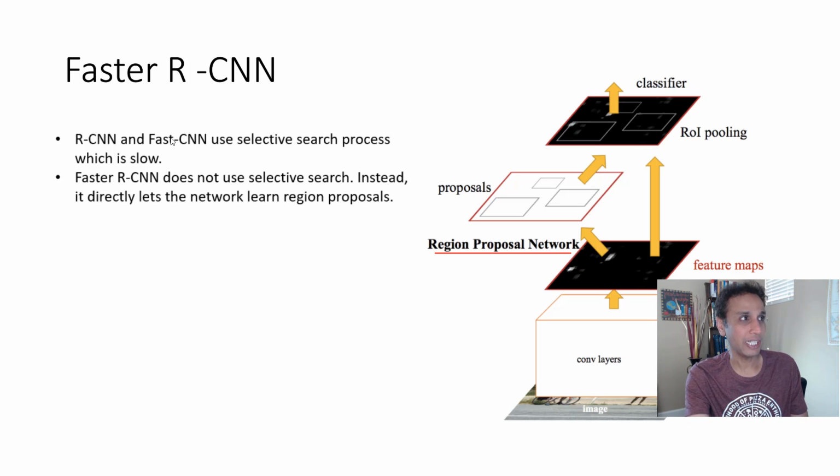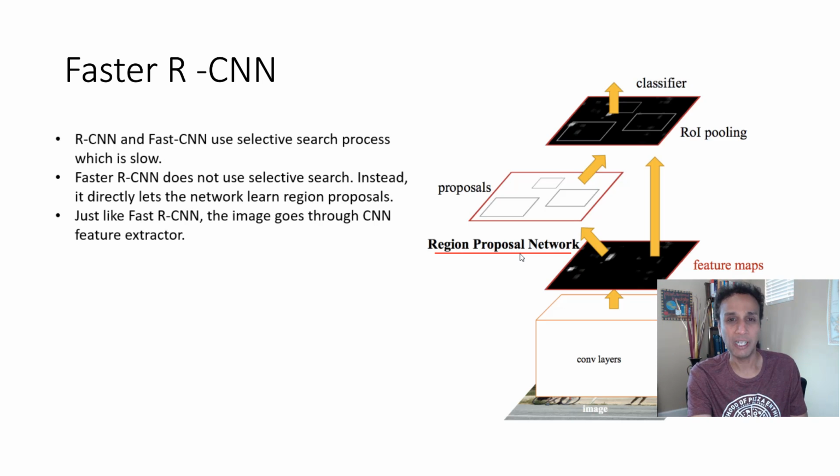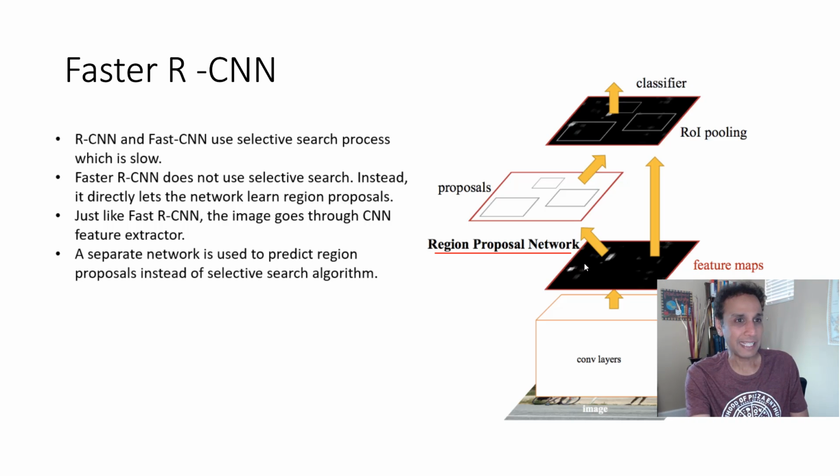Faster RCNN does not use selective search, and instead uses something called a region proposal network. How does that work? Just like fast RCNN, you have an image, and it goes through the convolution layers, the feature extractor. What do you get on the other side? Feature maps. And a separate network is used to predict the region proposals.